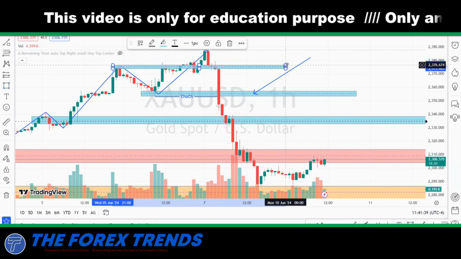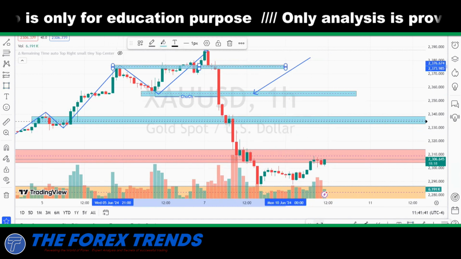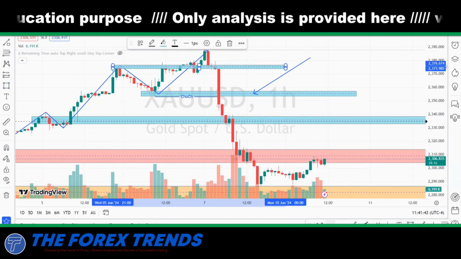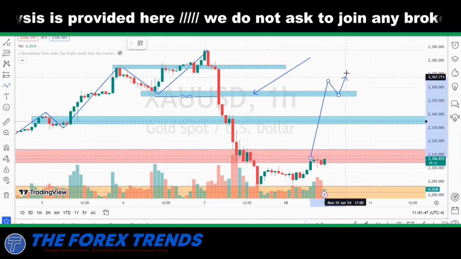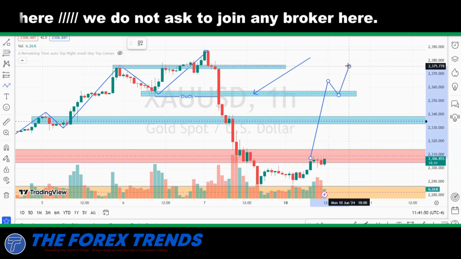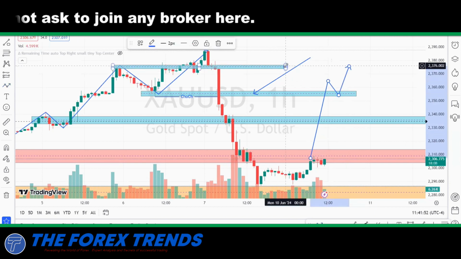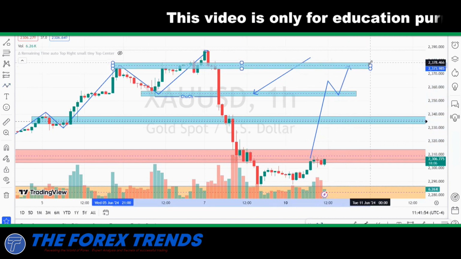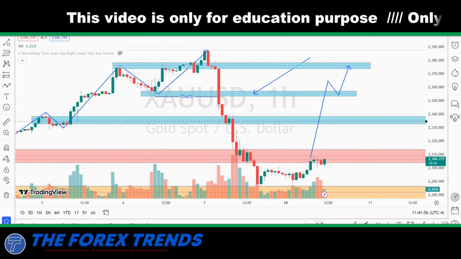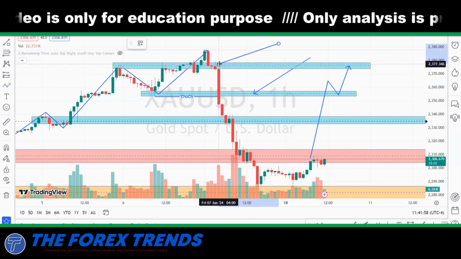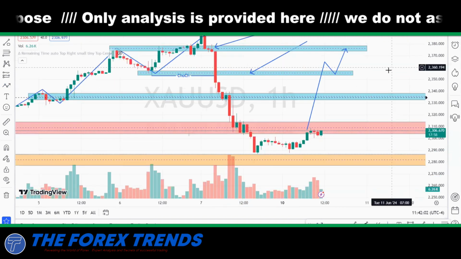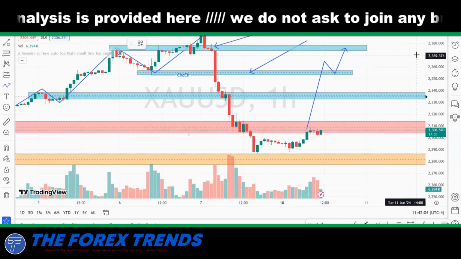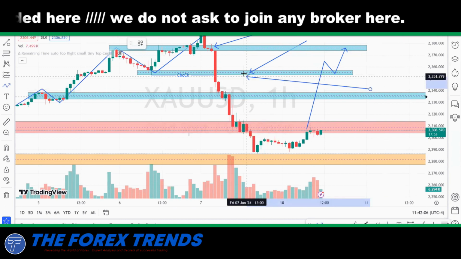If the market is able to break this resistance, we again sell from this level. This is the Quasimodo level, and there is a supply too. Look at the supply candles.